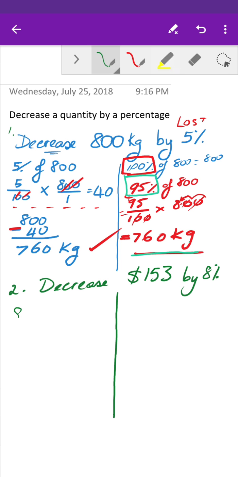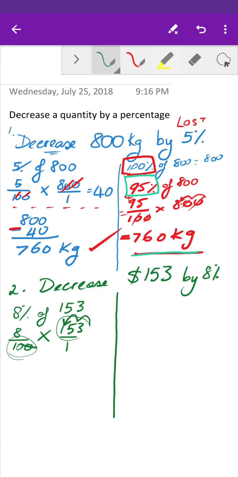First of all, what is 8% of 153? Now, you could do it the percent way or the fraction way. 8% is 8 over 100 times 153. We take 153 and divide by 100, and that becomes 1.53.